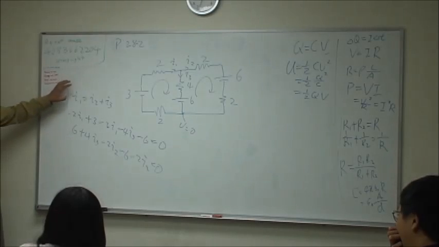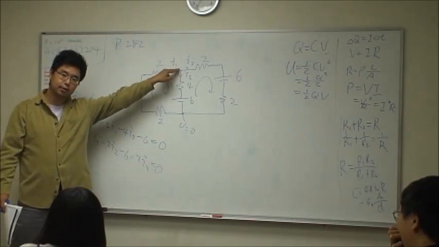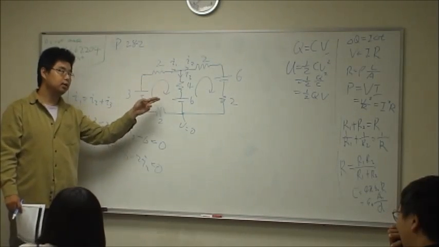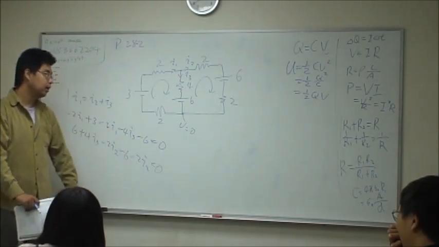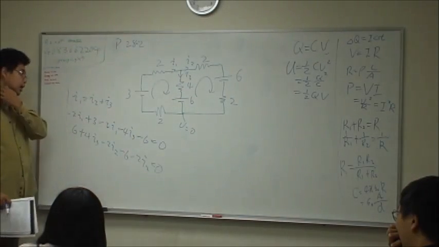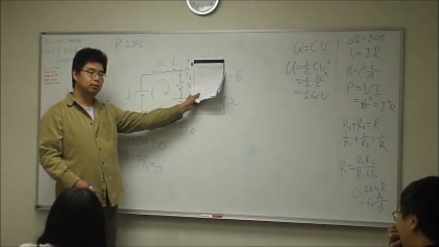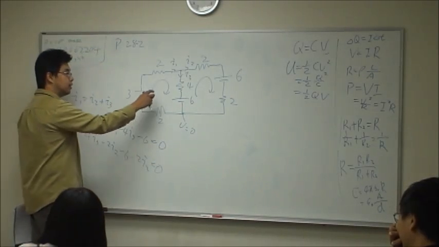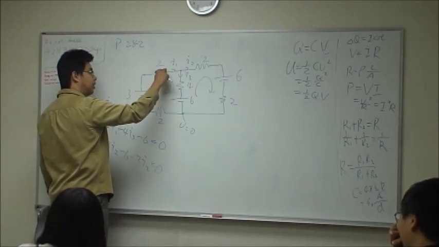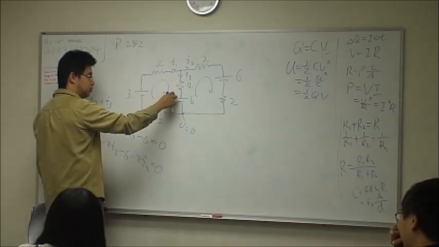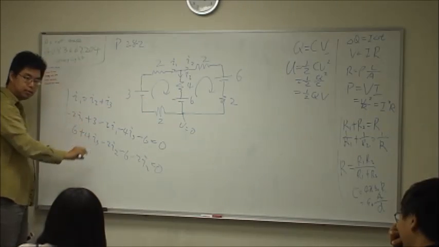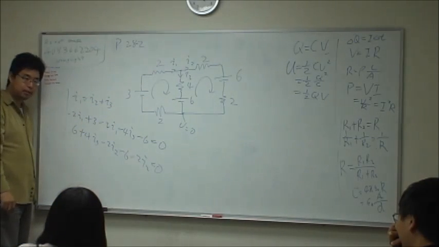The 3 equations are: first, the current continuity; second, the first loop; third, the second loop. A lot of the time, if you only have one loop, then out of 3 unknowns you only have 1 unknown, and you have 1 equation to solve for it. Let me repeat.